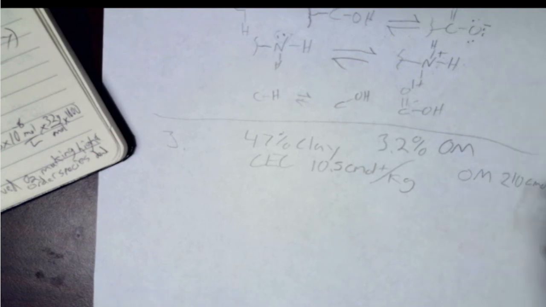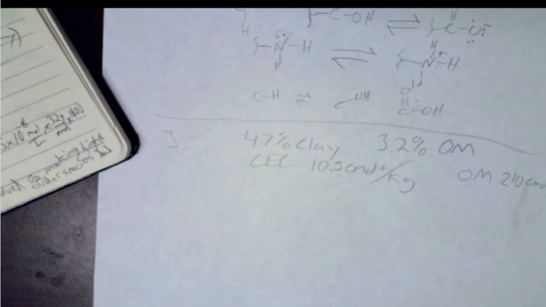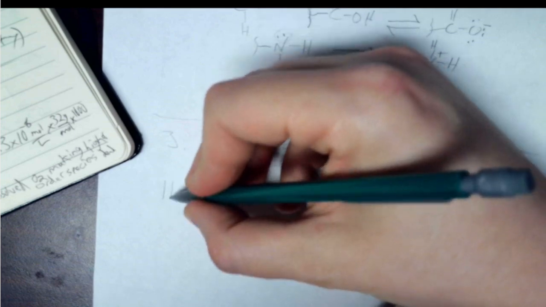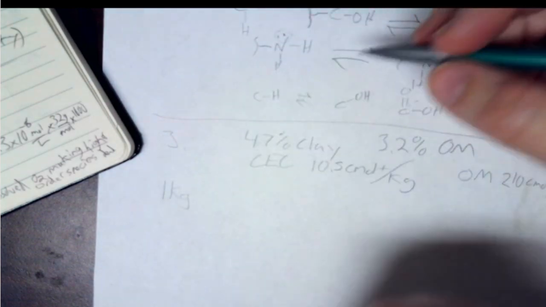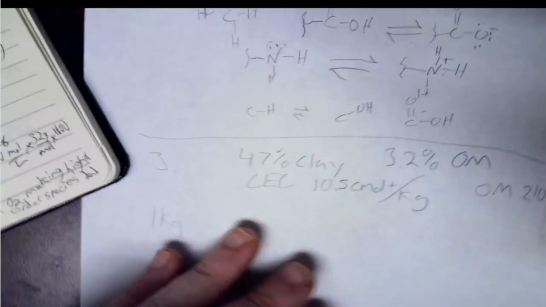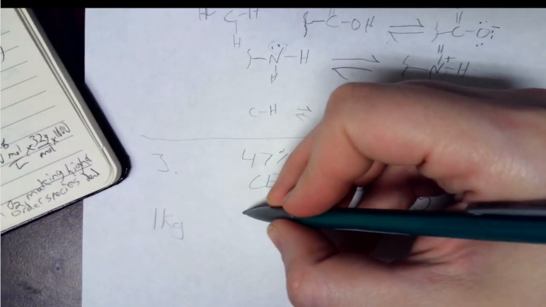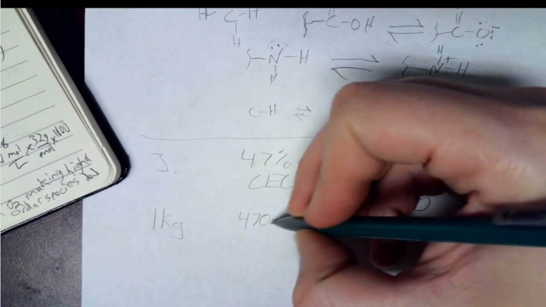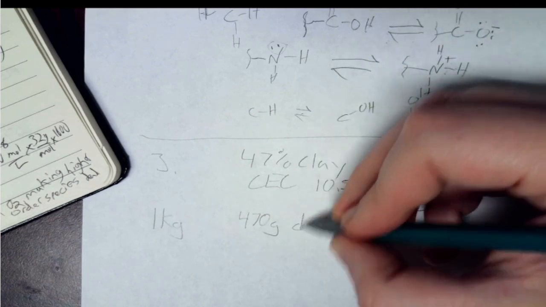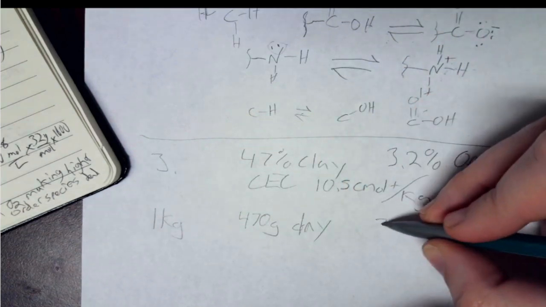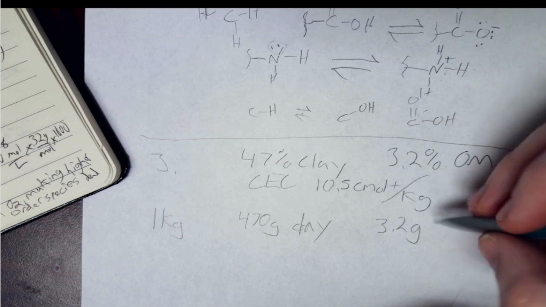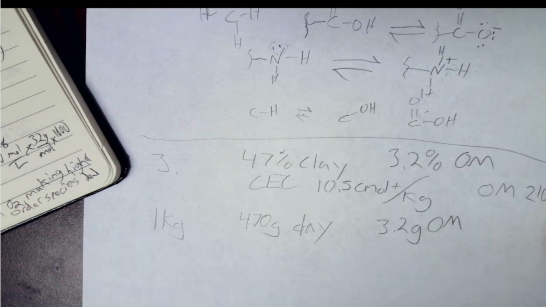So we have to make an assumption. Of our sediment, we assume 1 kilogram, which means we'd have 470 grams of clay and 32 grams of organic matter.